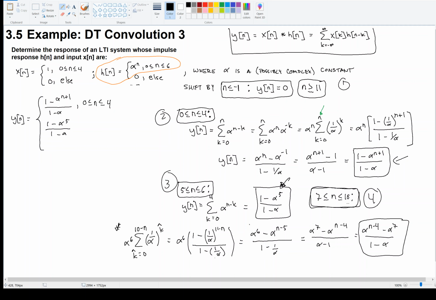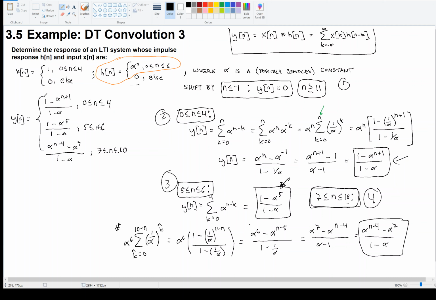That's actually a constant. That's interesting. This is between 5 and 6. Okay, piece 4: alpha to the n minus 4 minus alpha to the 7th over 1 minus alpha. This is between 7 and 10.